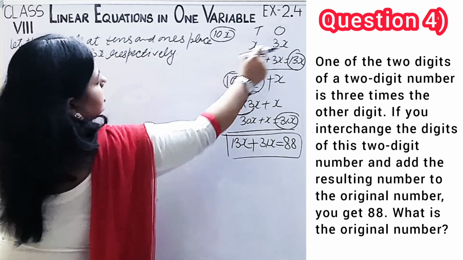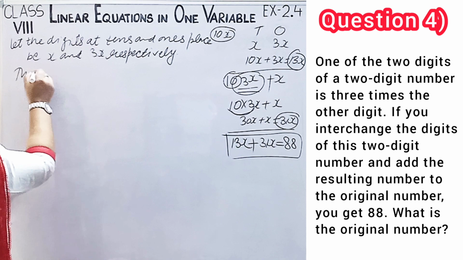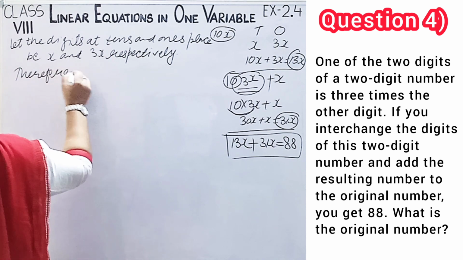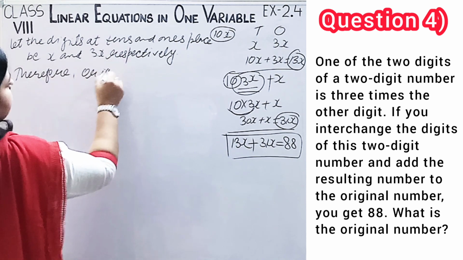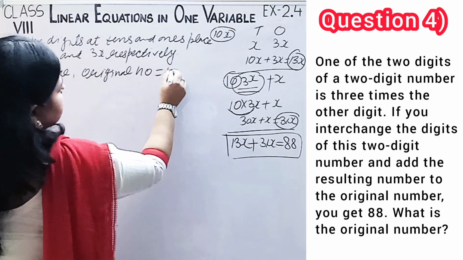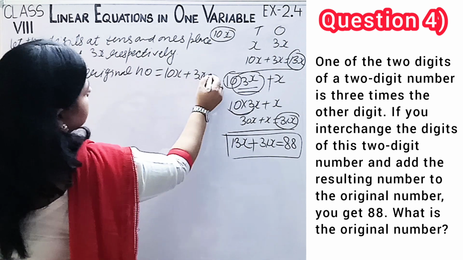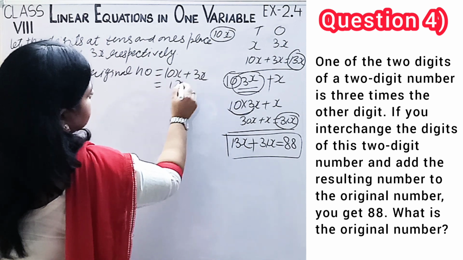Already we have discussed here. Original number is 10x plus 3x, already done here, and we got 13x.